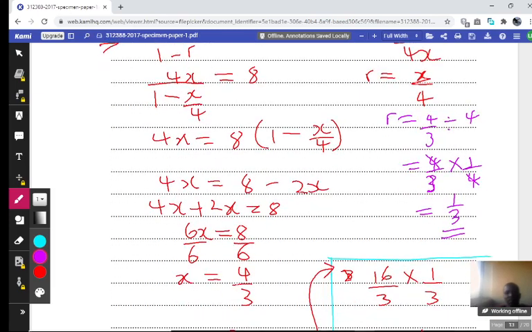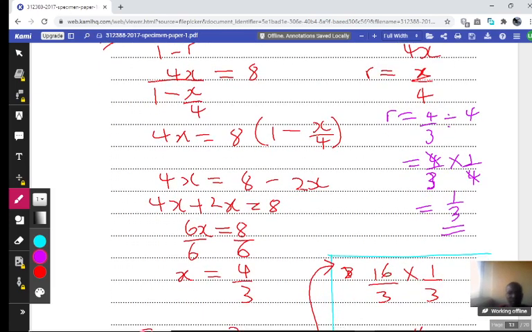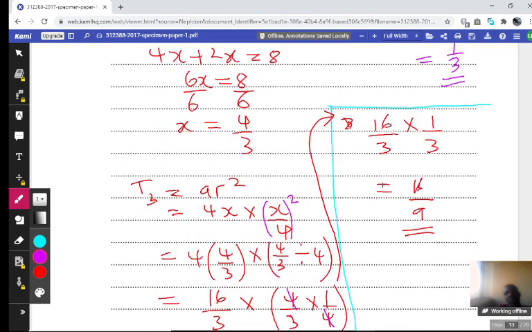So let's move down. On the third term, this r was supposed to be squared, because it's ar squared. So you have to square this one, your r. It means this 1 over 3 was supposed to be squared.